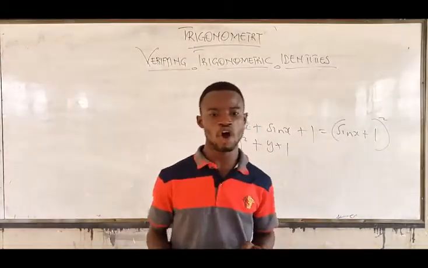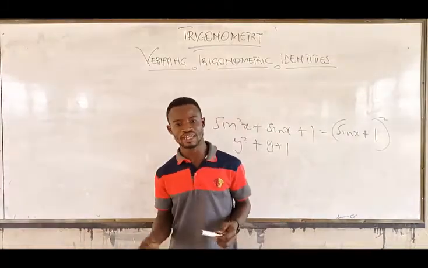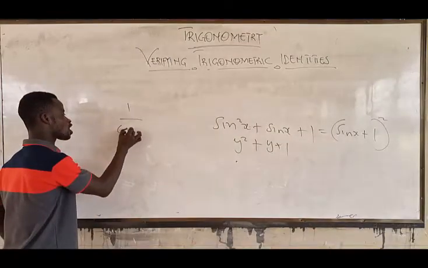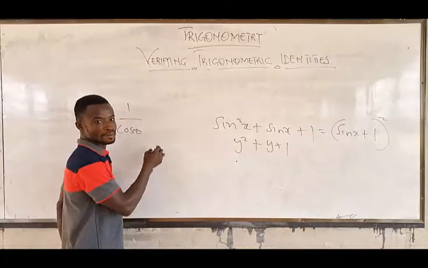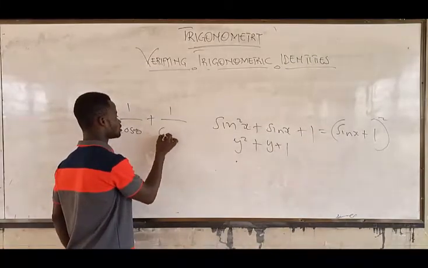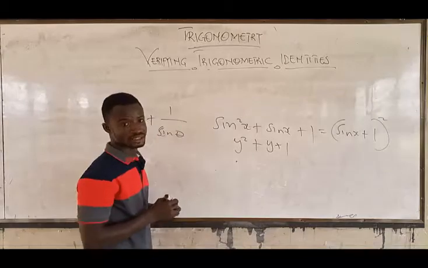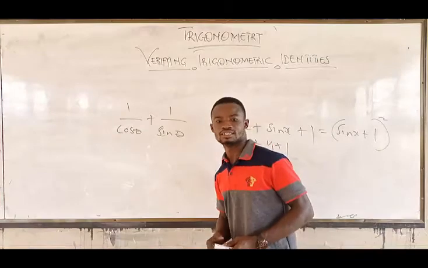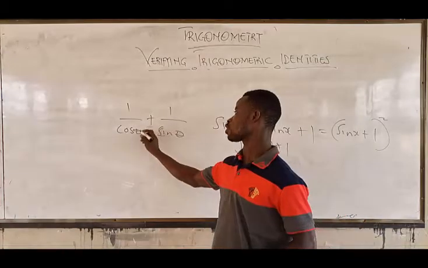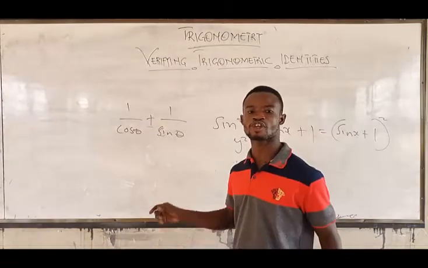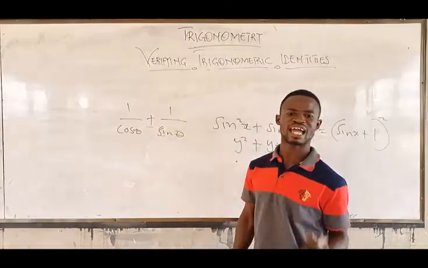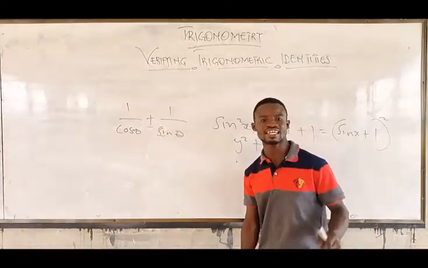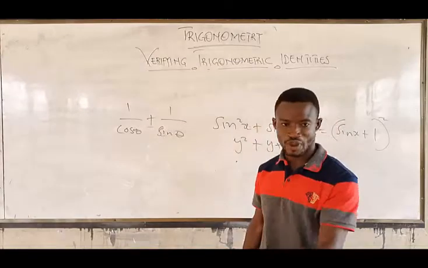So now, the sum or difference of two trigonometric expressions such as 1 over cos theta plus 1 over sine theta. In case you get something in this form, that is the sum or difference, that means here can be plus or minus of two trigonometric expressions such as this, can be added or subtracted in the same way as any other rational expression.